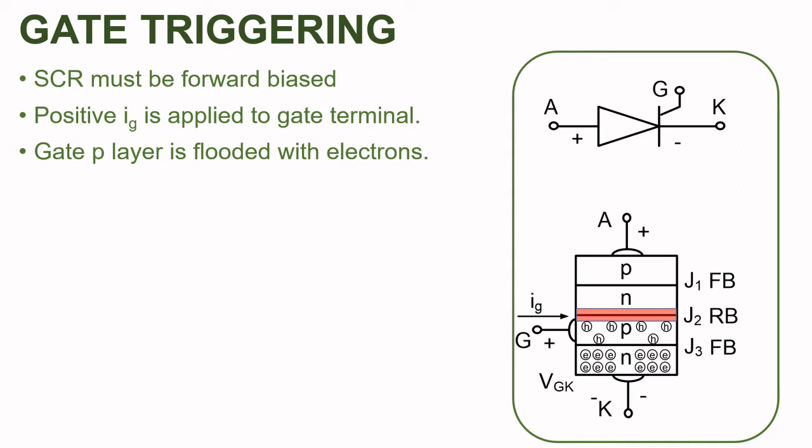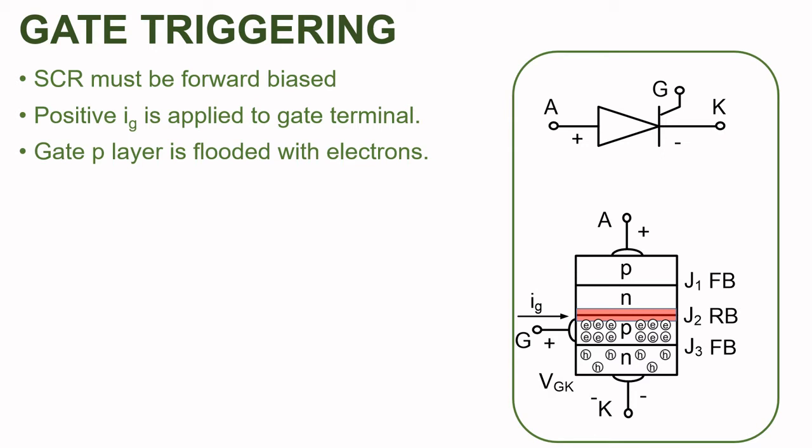If the gate is made positive with respect to the cathode, then holes from the gate P layer will drift to the end N layers, and electrons from the end N layer will drift to the gate P layer.